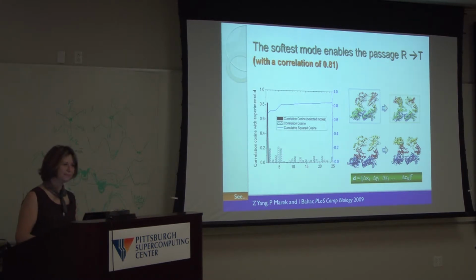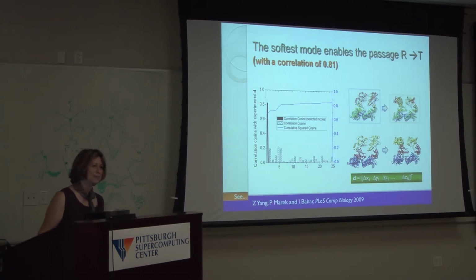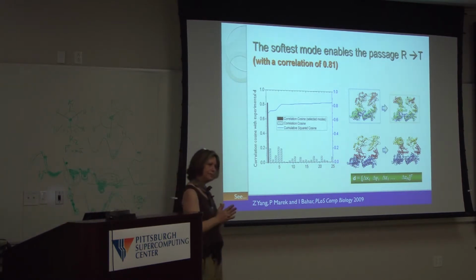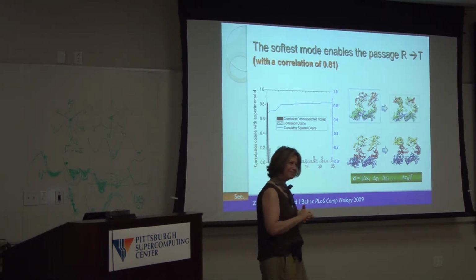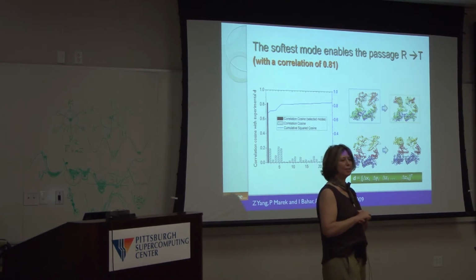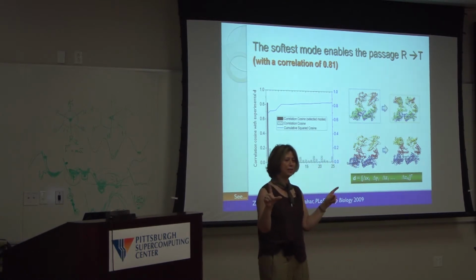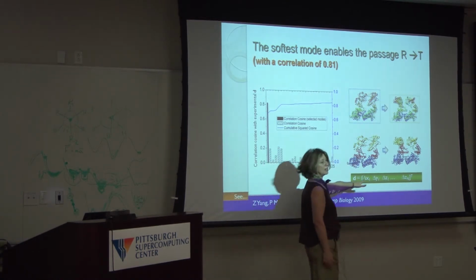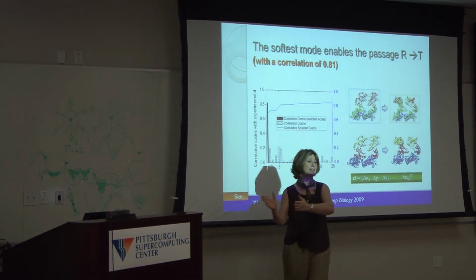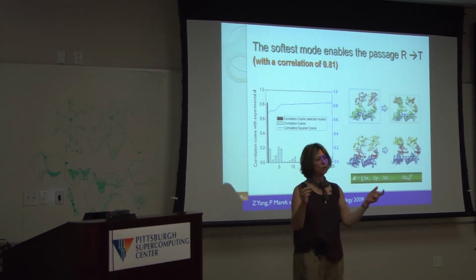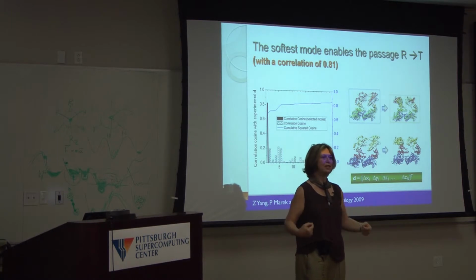Can you, in particular, give it two structures and say, I want to move from this structure to that structure? What are the modes of getting there? Absolutely. Now you know the deformation vector, and you know your eigenvectors, the individual modes. You can take them one by one and see the correlations.